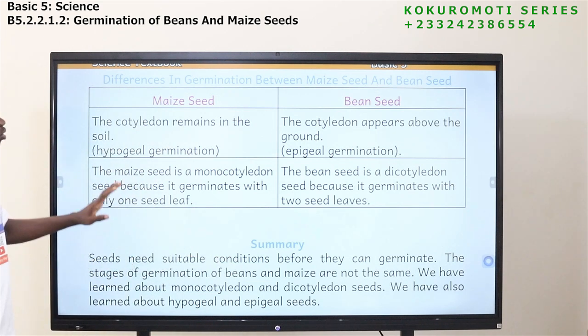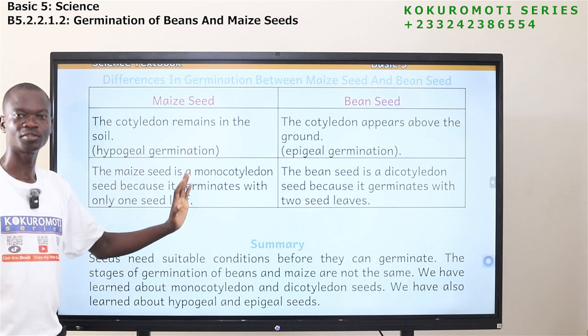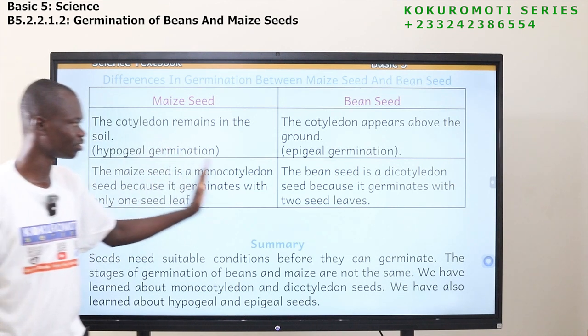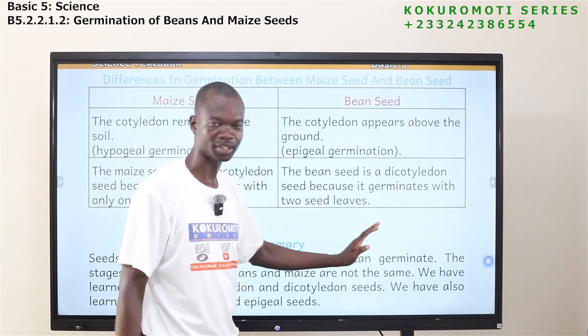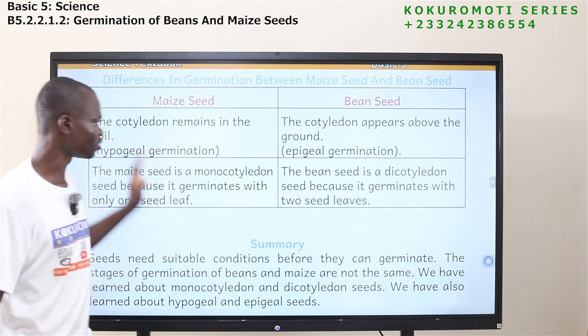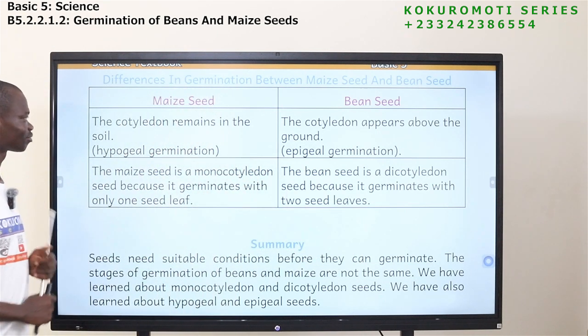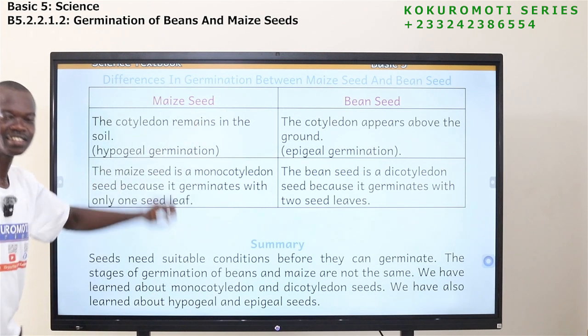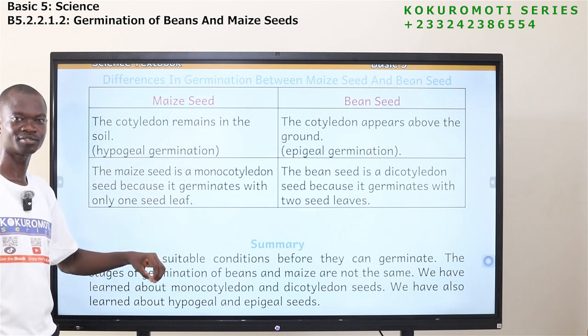We have seen the differences between how the seed of maize germinates and how the seed of beans germinates. The difference that we have seen is, one, with the maize seed, the seeds remain in the soil.